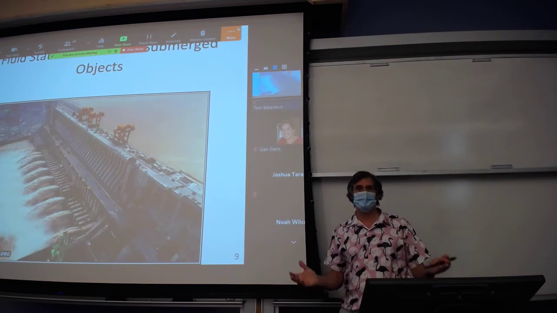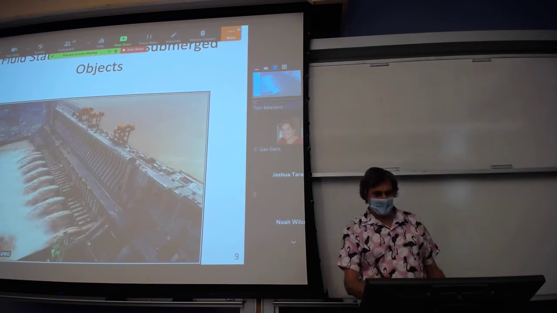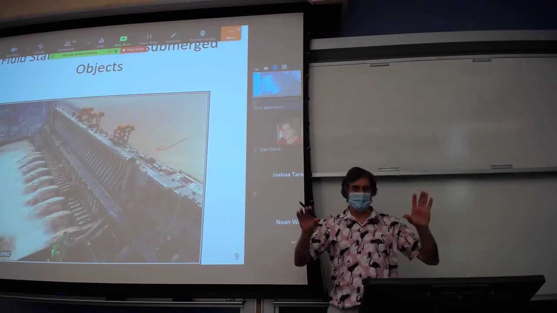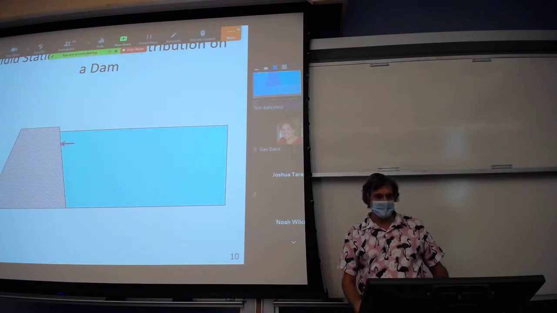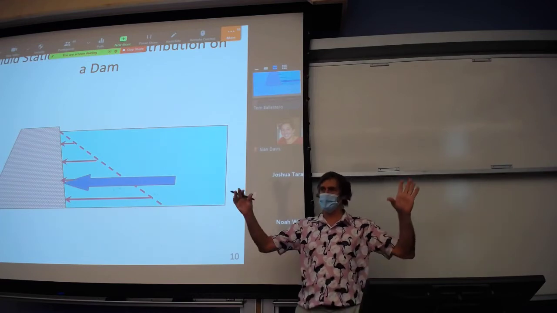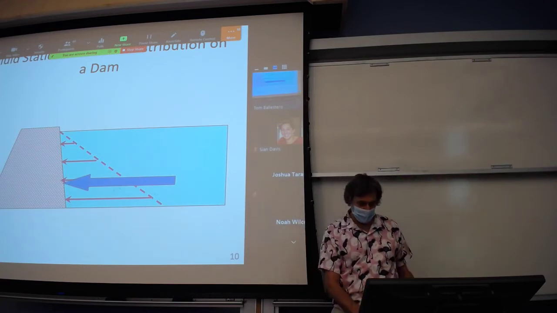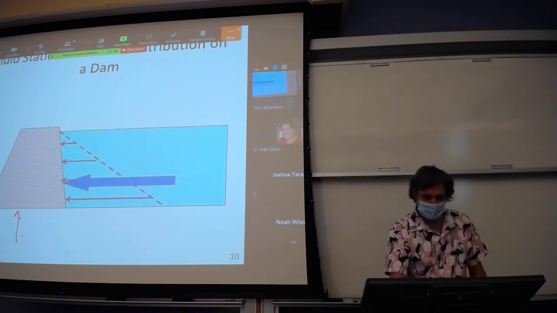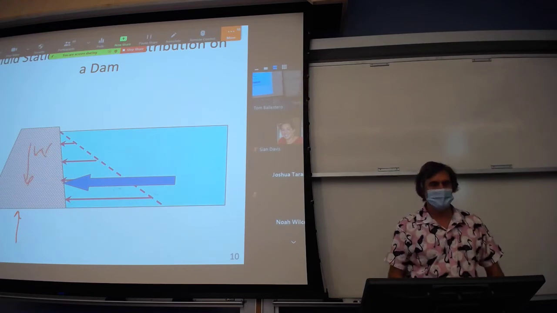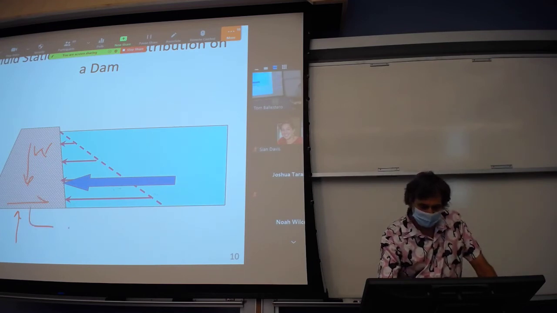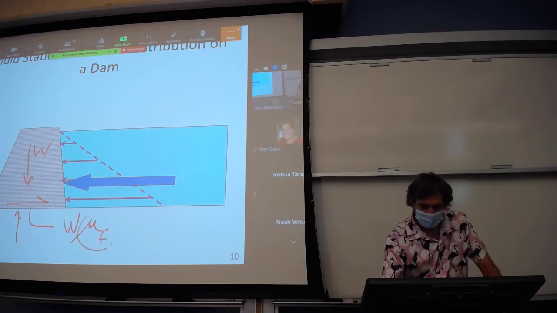So for example, here's a dam. Again, this is from the first day of lecture. On the upstream side of this dam, you have fluid pressures. And again, if we look at a cross-section through the dam, here is the pressure distribution. We can convert any pressure distribution into a force. And then when we do that, we can look at, if this is the weight of the dam itself, we would have, I think this is the coefficient of sliding friction.